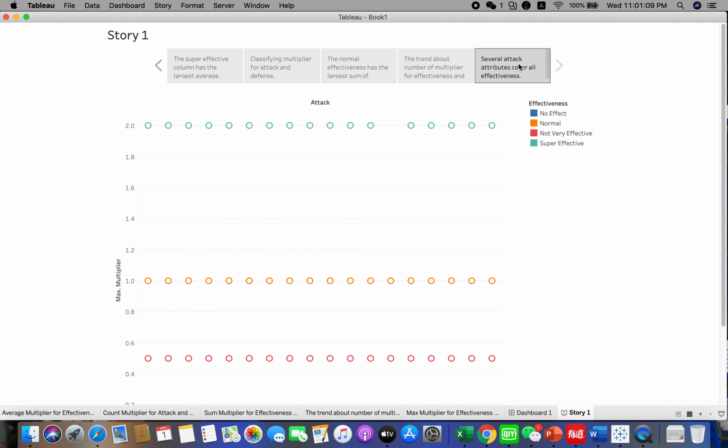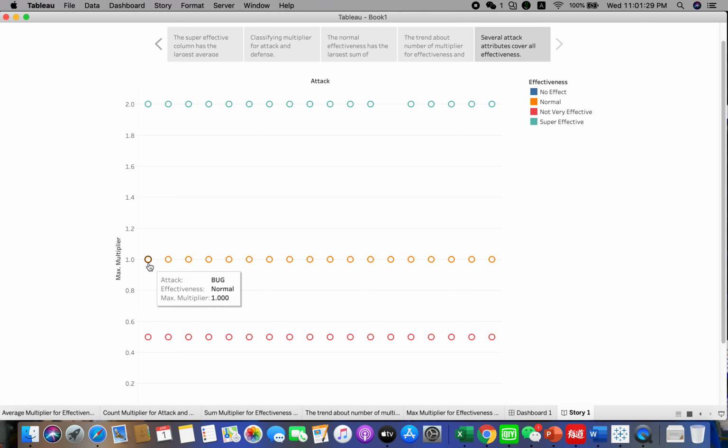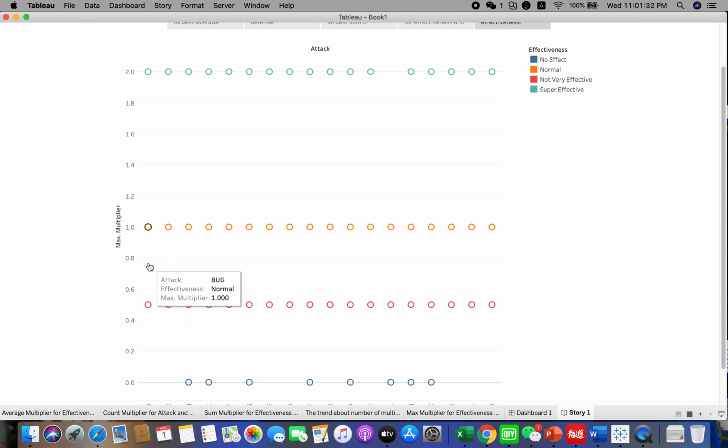The last graph shows the max multiplier for effectiveness and attack. On the right, we can see different colors representing different effectiveness. For example, for the bug attribute, the max multiplier is 2 for super effective, the max multiplier for the normal is 1, and the max multiplier for the not very effective is 0.5.